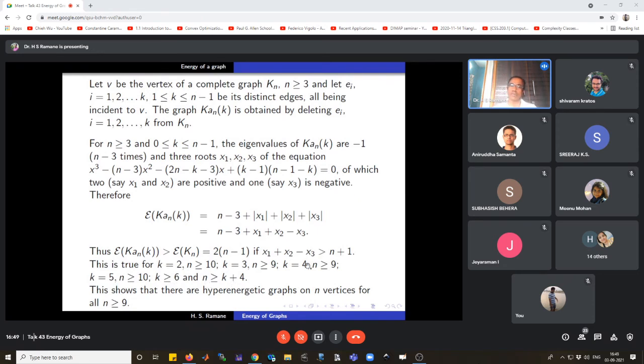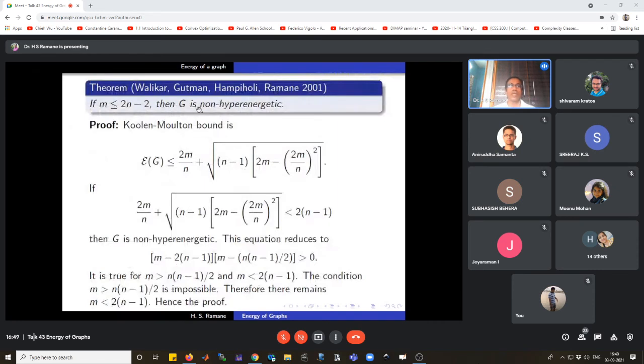So from this we conclude that hyperenergetic graphs exist for all n greater than or equal to 9. So one can construct a hyperenergetic graph for a given n greater than or equal to 9, by removing edges from the complete graph which are incident to a single point V.